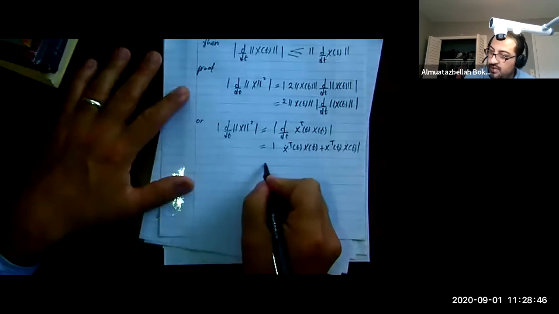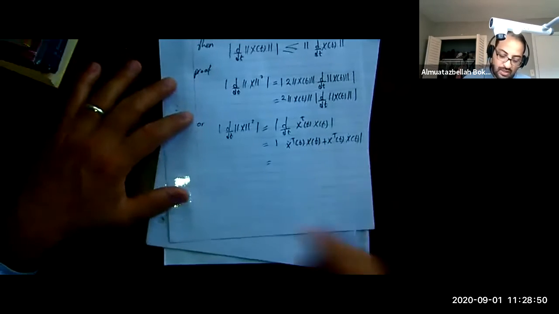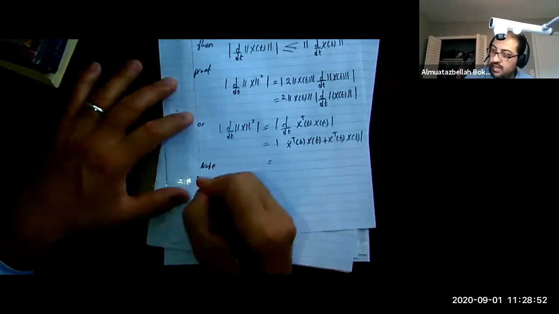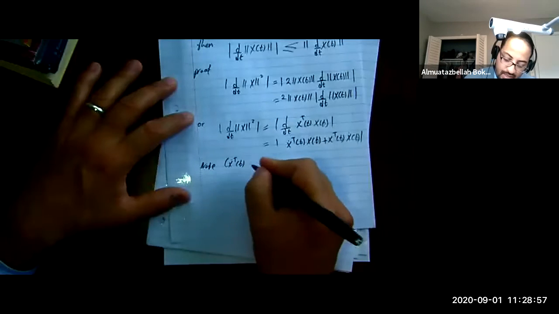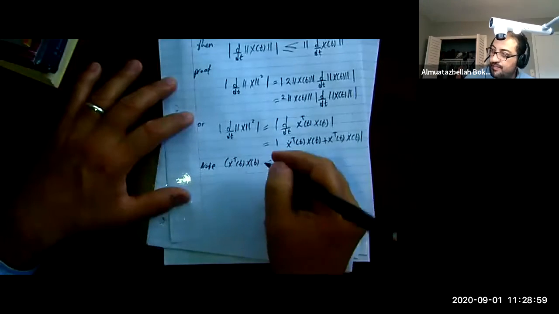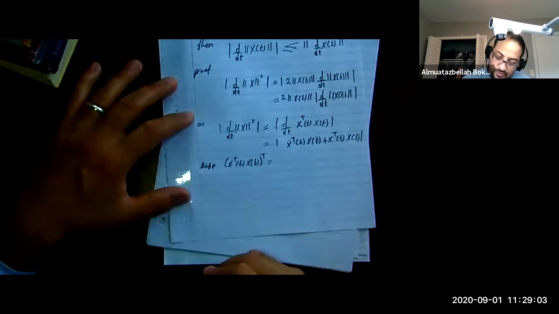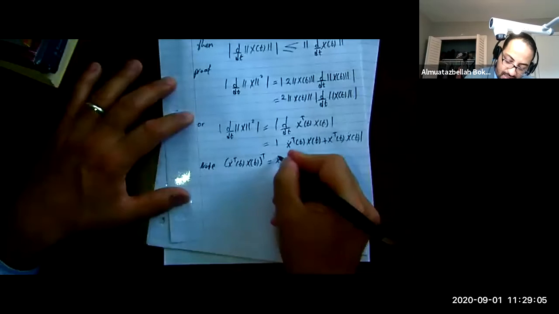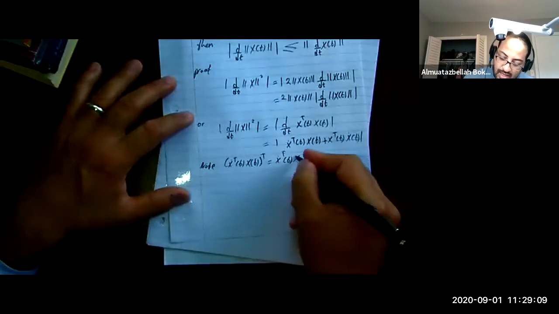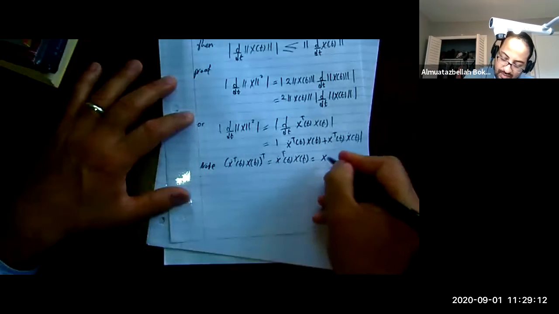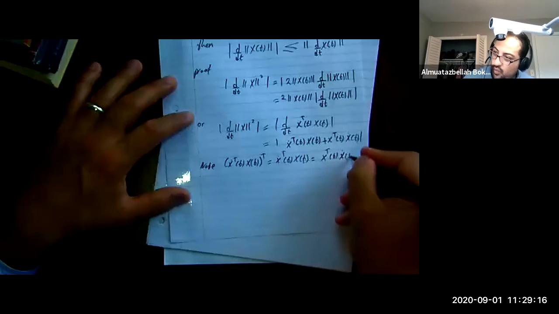Okay. Now you need to note that x dot transpose of t times x of t, if you transpose that, is the same as x transpose of t times x dot of t. Why?